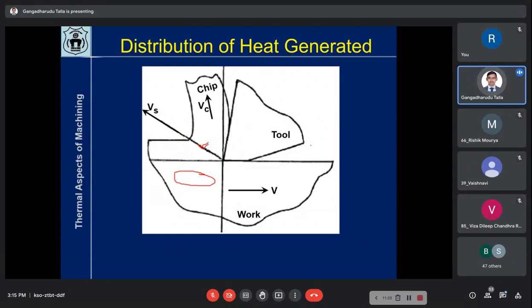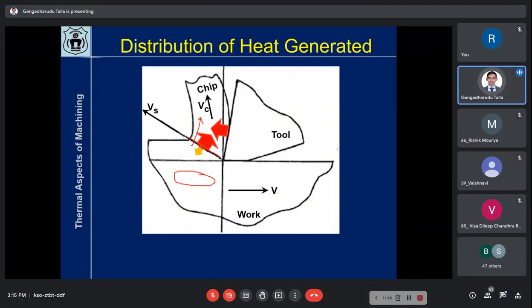Now, out of the heat generated in the primary zone, the majority will go into the chip, and slightly less heat will go into the workpiece.